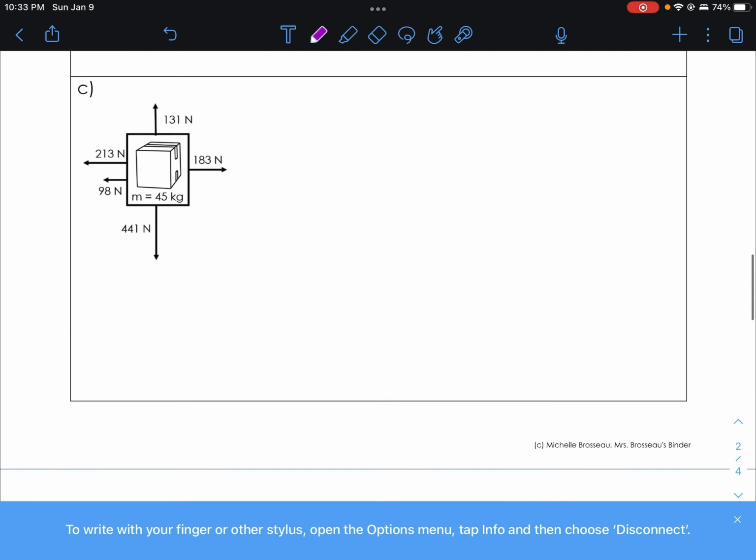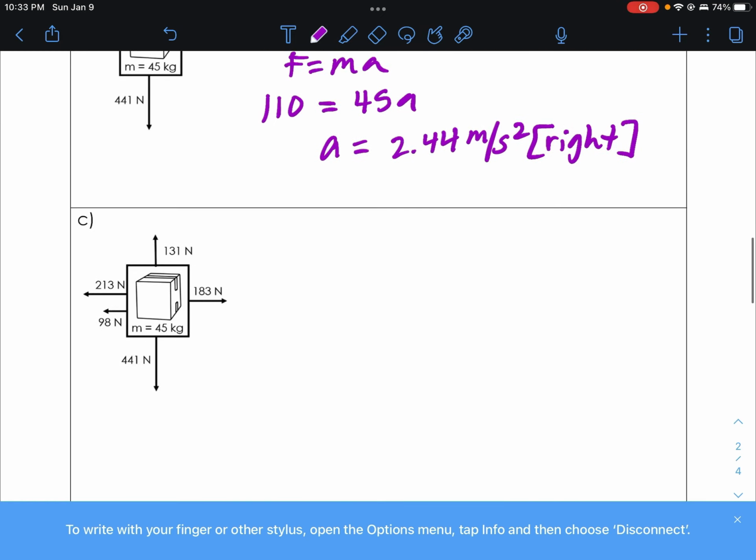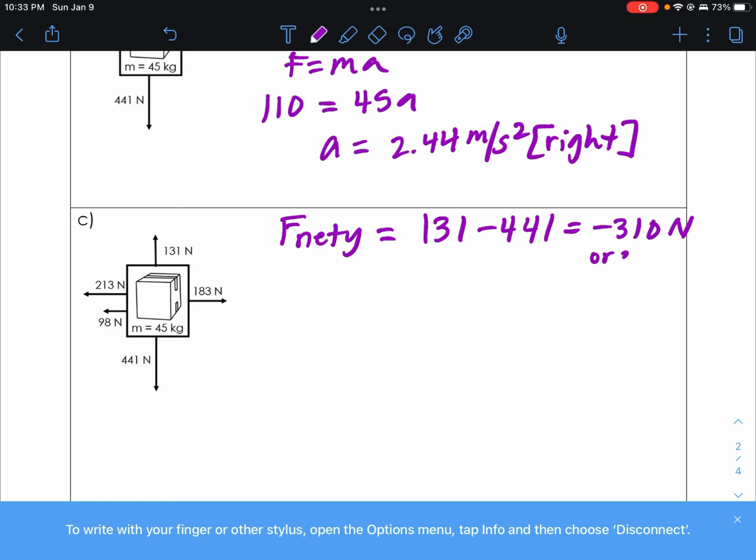Letter C. Here, let's see. We've got F net y: 131 minus 441 equals negative 310 newtons, or 310 newtons down.